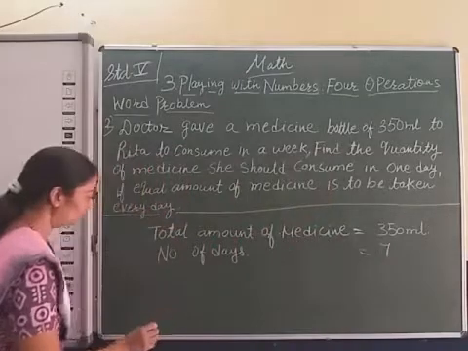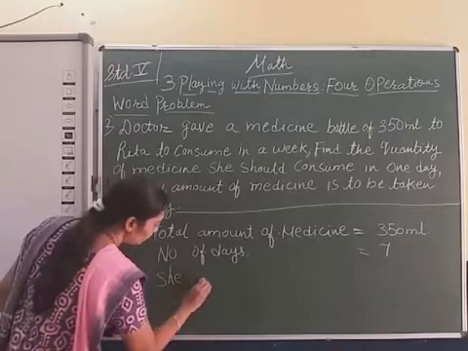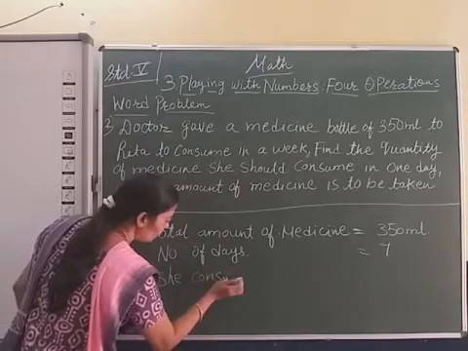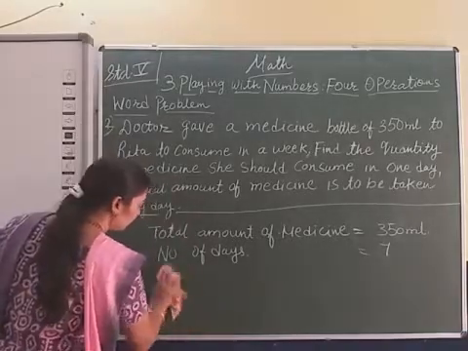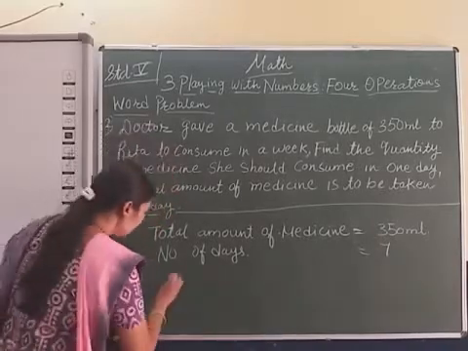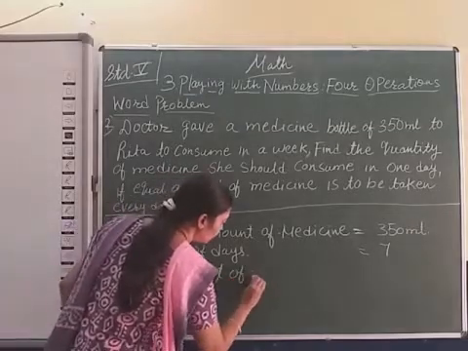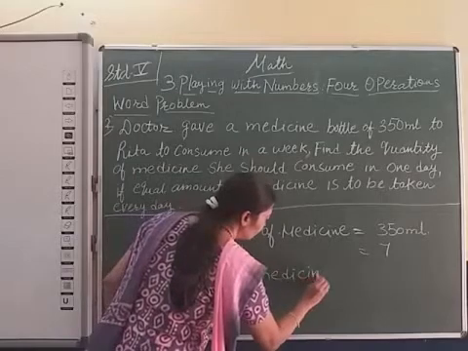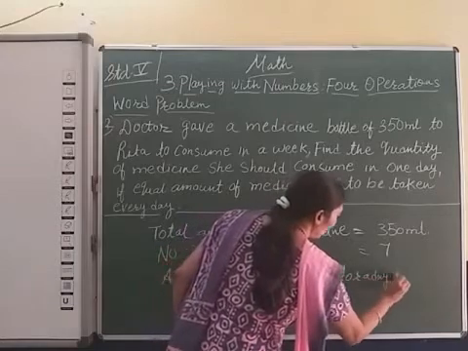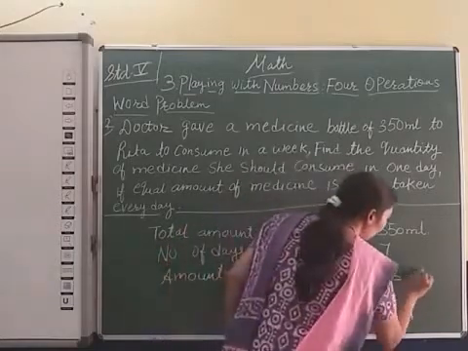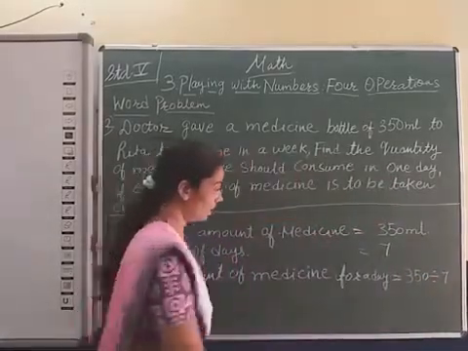Okay, so we get the amount of medicine for a day is equal to 350 divided by 7.